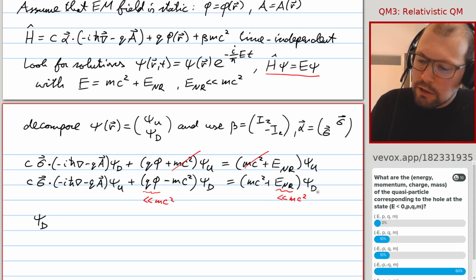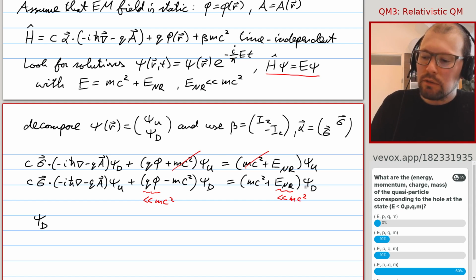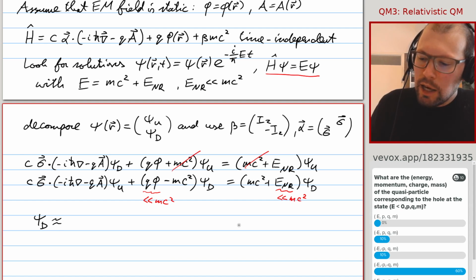Now this is nice because we can easily solve the second equation for the down component and plug it into the top equation. And we only take into account the rest mass here.